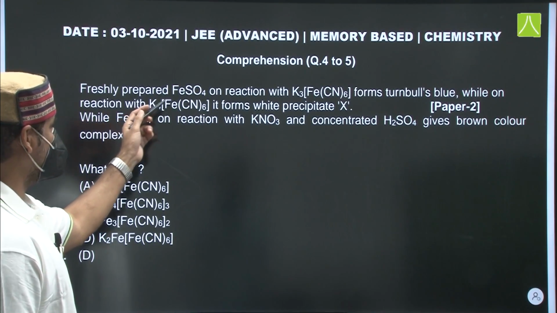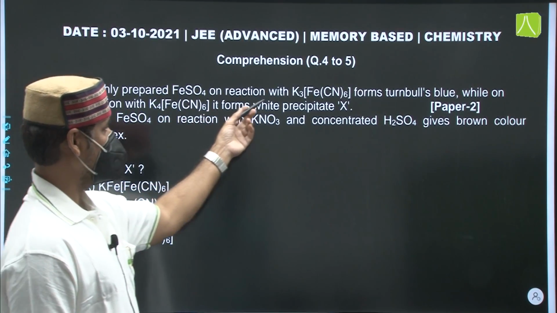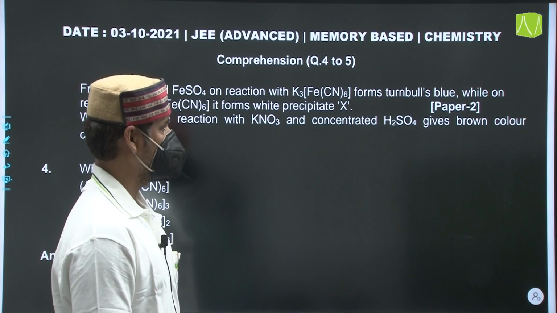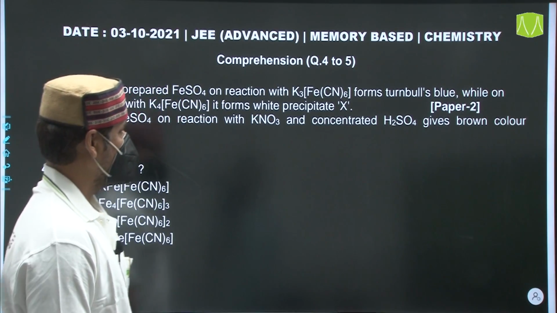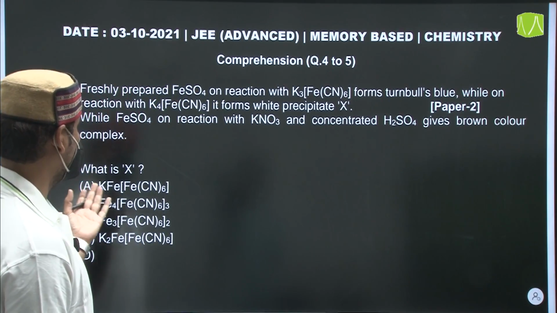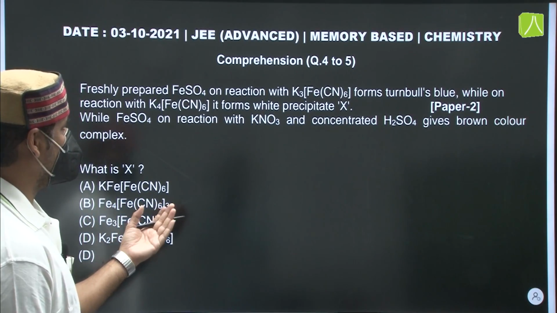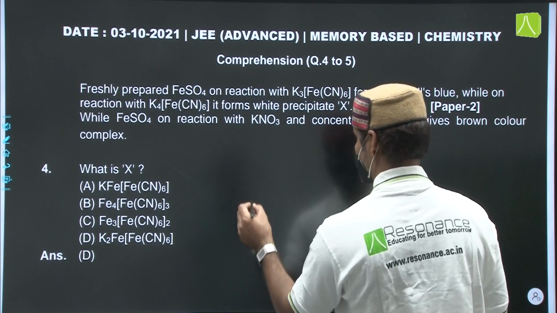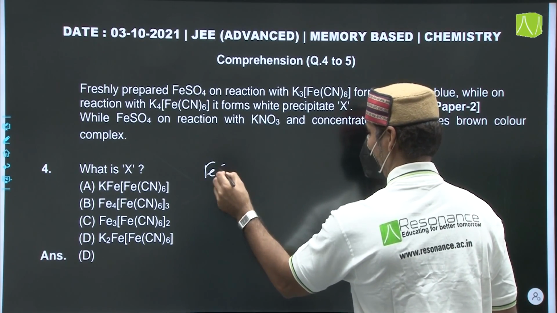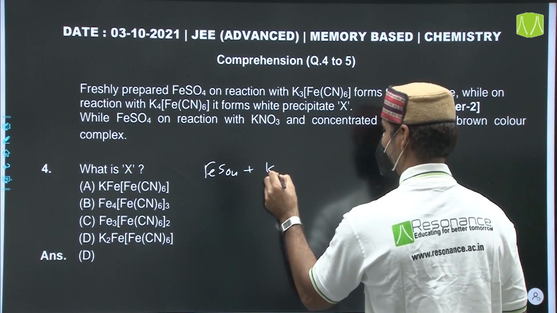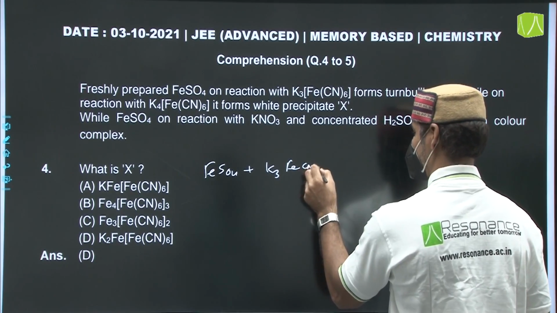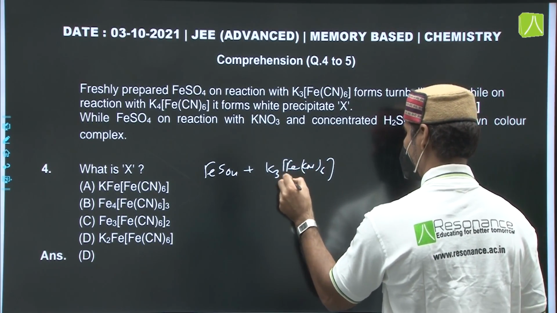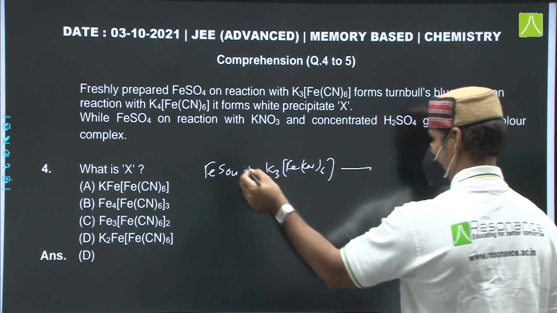Freshly prepared FeSO4 on reaction with K3[Fe(CN)6] forms Turnbull's blue, while on reaction with K4[Fe(CN)6] it forms white precipitate X. Students, as we know, when FeSO4 reacts with K3[Fe(CN)6], it is nothing but an ion exchange reaction.